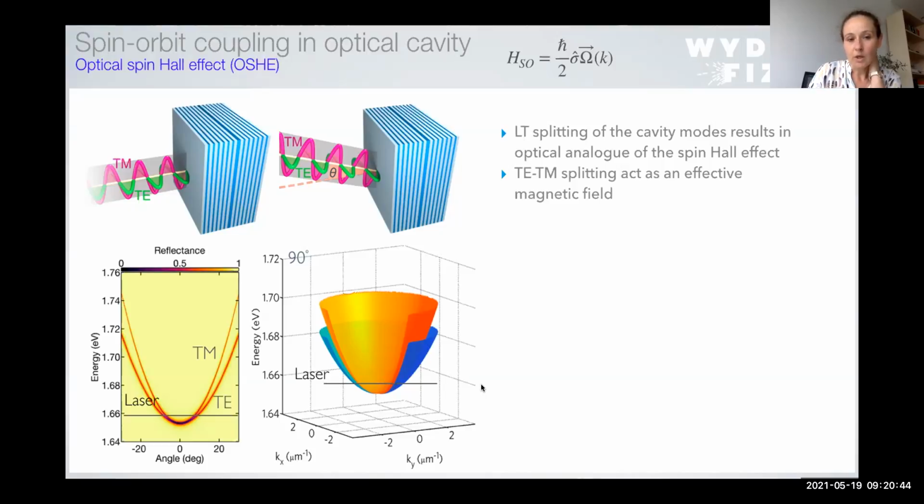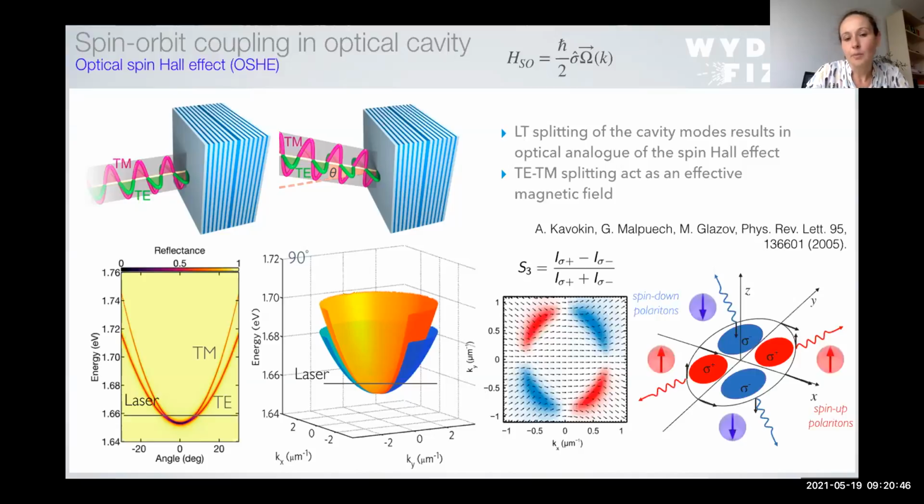What was observed is that for a linearly polarized laser, the photons that come out from the cavity are circularly polarized, and in the Kx, Ky cross section of this paraboloid they demonstrate a very strong sigma plus and sigma minus polarization splitting, coupled to photons of the given momentum.